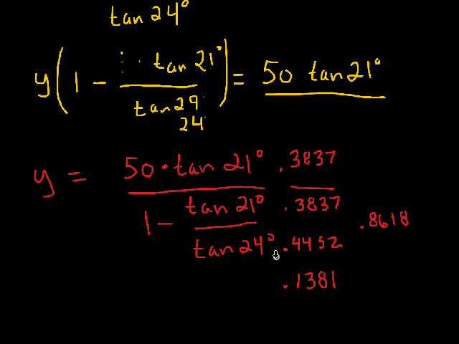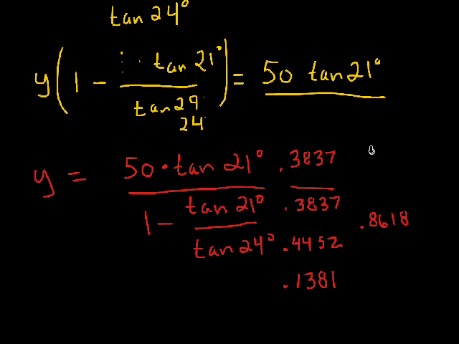50 times the tangent of 21 degrees, which is 0.3837. I'm still going to use the degrees on that one. Is 19 point.